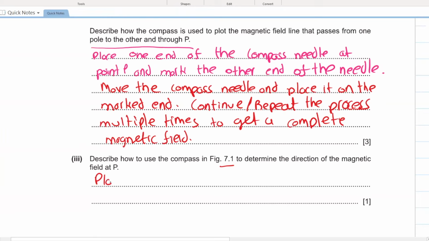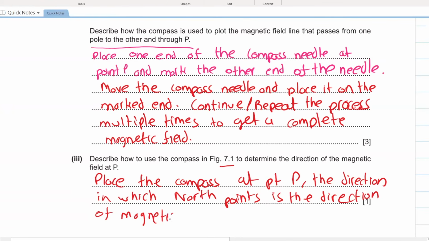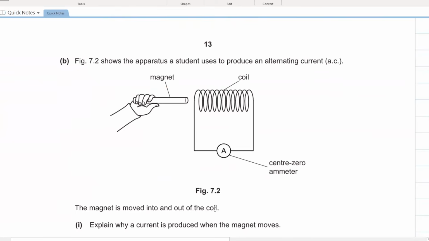Place the compass at point P, the direction in which north points is the direction of magnetic field. Simple as that, nothing complicated. Okay, now let's further move ahead.